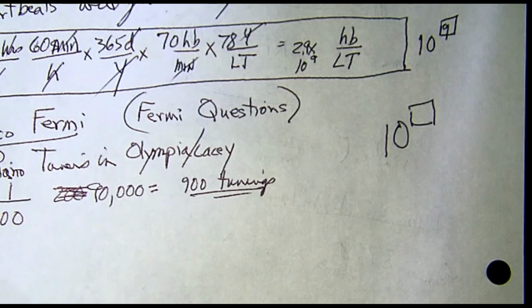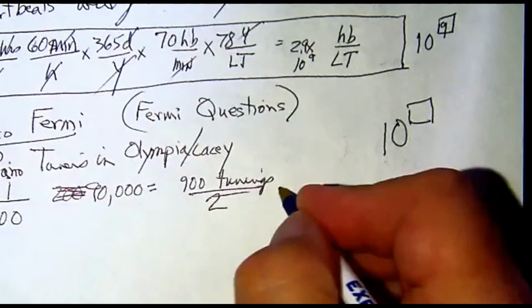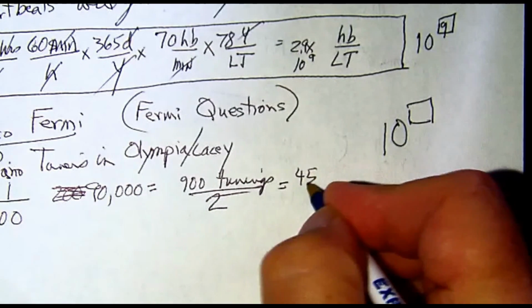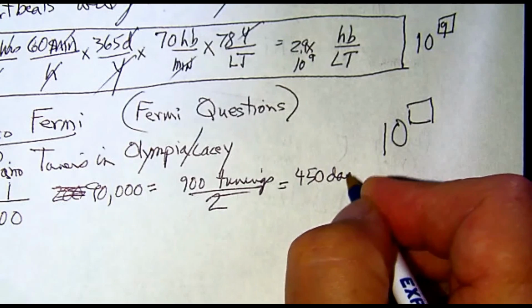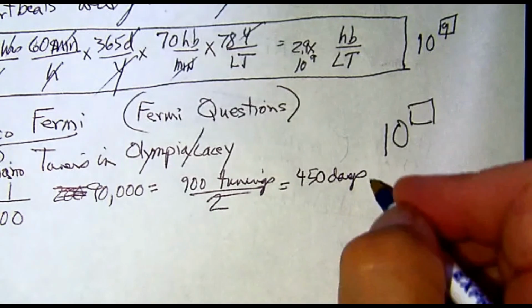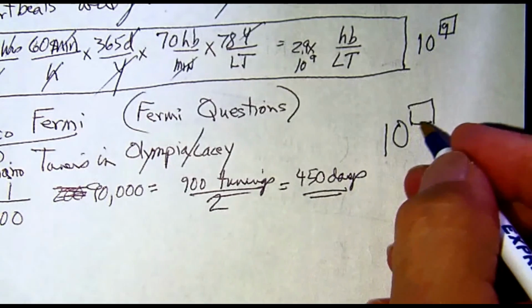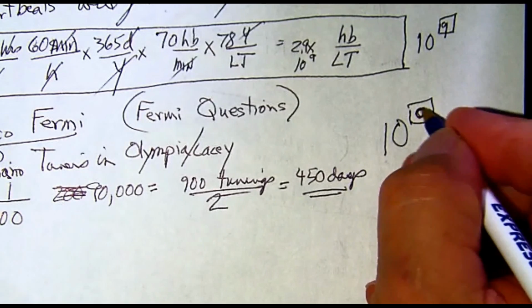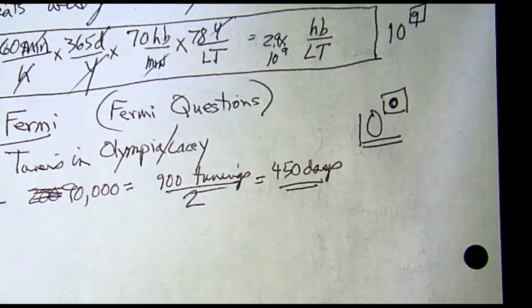I'm going to go with 2. Let's divide that by 2. So I need 450 days of piano tuning. That means probably 1 person could do this. It's closer to 1 person, not 10, and not 100, of course, or 1,000. So probably 1 person could service this whole area if they could schedule it nicely.